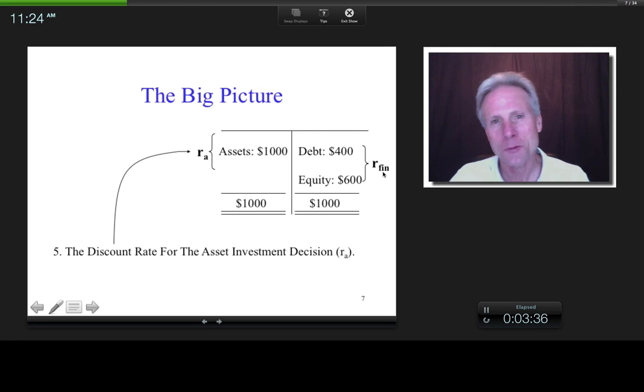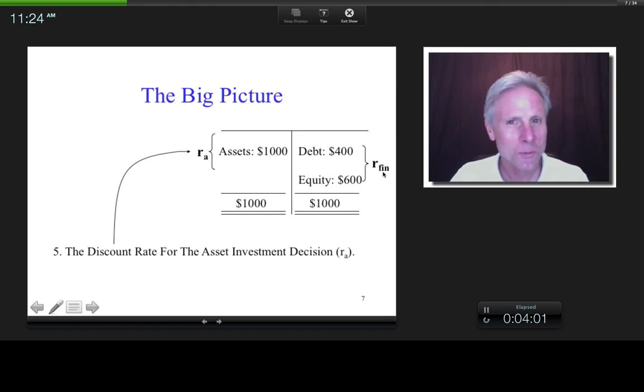As we'll find out today, the discount rate for the asset investment decision is highly related to the discount rate for financial securities. And so that's our goal today, to figure out the discount rate for the asset investment decision, which is half of what you need for conducting a bottom line analysis, net present value analysis.